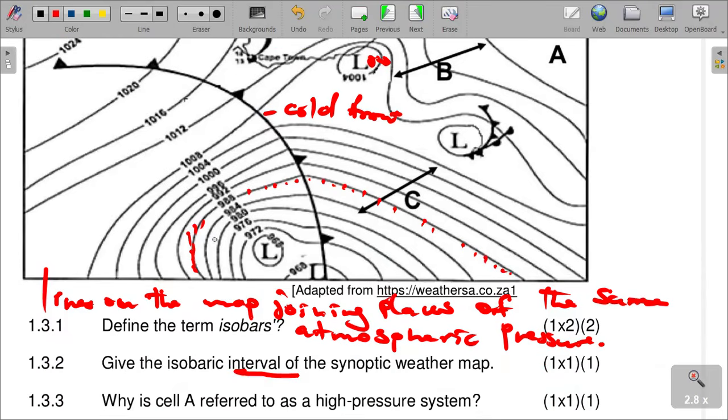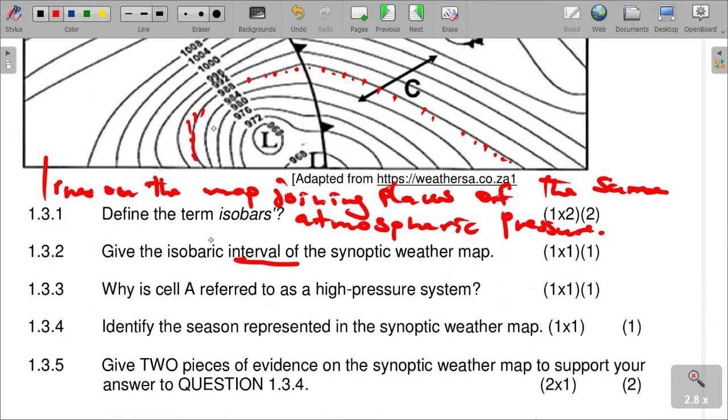The interval is the difference from one isobar to the next. So we say 976 minus 972, which gives the isobaric interval of 4.